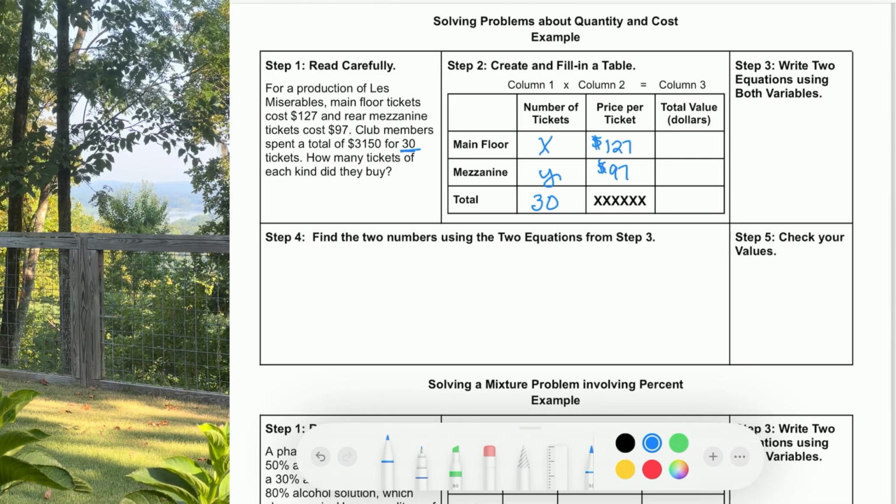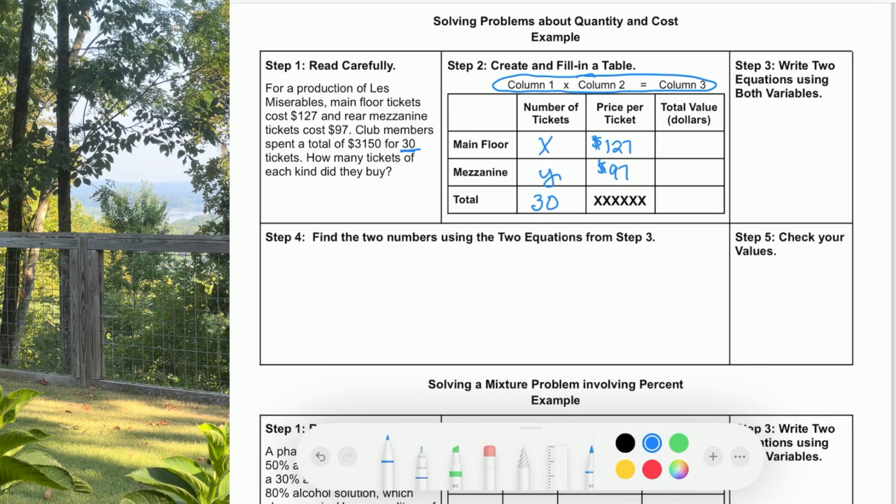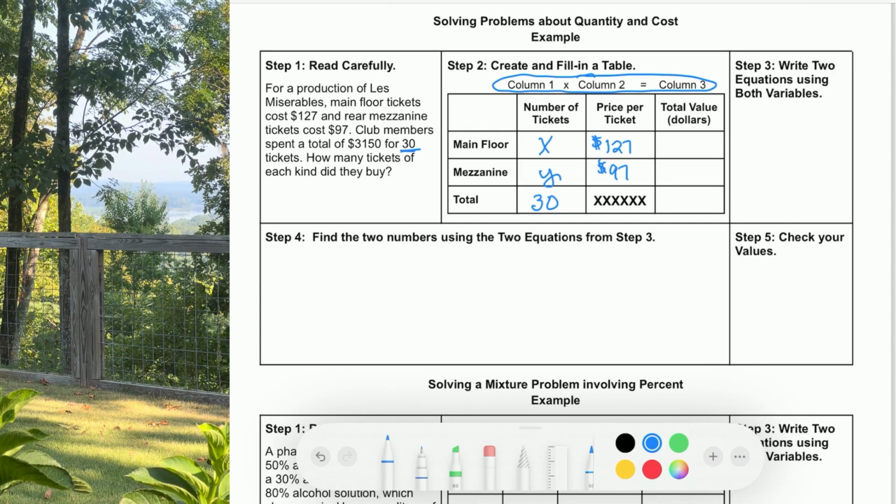Now we look at total value. I want you to notice up here, this little key. It says column 1 times column 2 equals column 3. So the way we get column 3 is by multiplying column 1 and column 2 here. So X times 127 is going to be 127X. 97 times Y is 97Y.